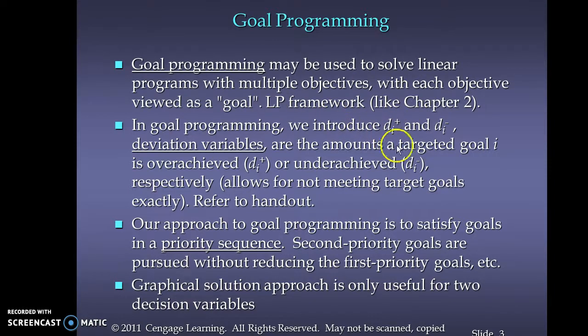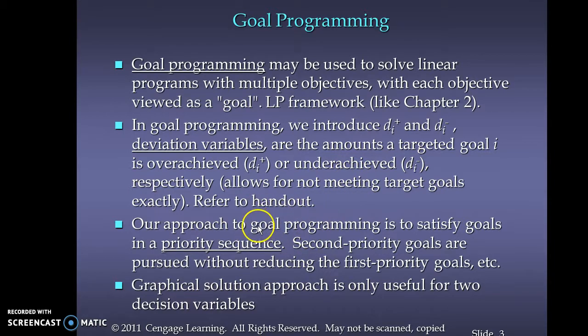The i here is usually reflected with some sort of number based on the priority goal. And we give it a superscript plus and minus, the plus superscript meaning we exceed or overachieve the goals, or the minus superscript meaning we underachieve or fall short of our goals.